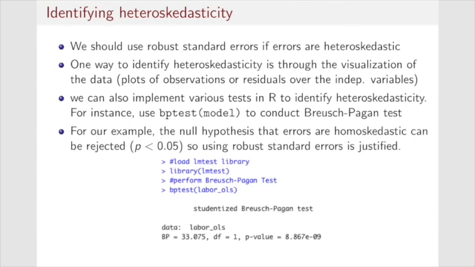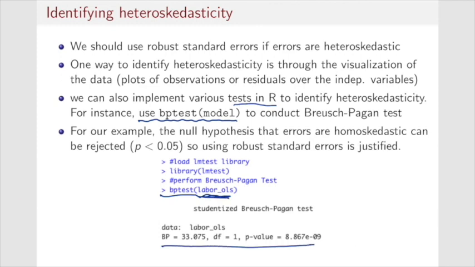Another approach to identify heteroscedasticity is to implement tests in R. For instance, we can use the command bptest to conduct a Breusch-Pagan test. Here is the command and the results. We simply use bptest for the OLS model.